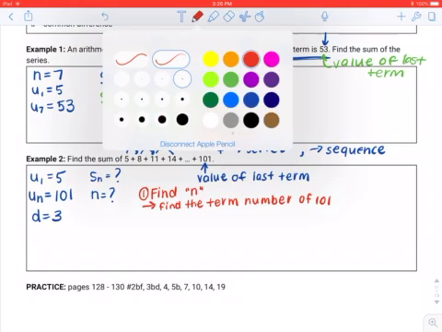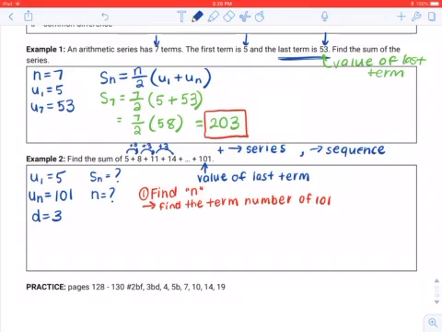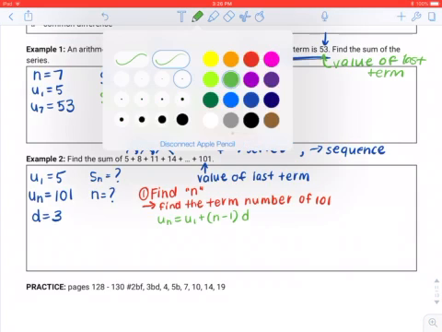And that's a skill we learned back in our sequences section when we were still working with commas. Back in our sequences section, we talked a lot about the general term formula. Un equals u1 plus n minus 1 times d. I think we have enough information here to set up a general term formula, and we should be able to solve for n.